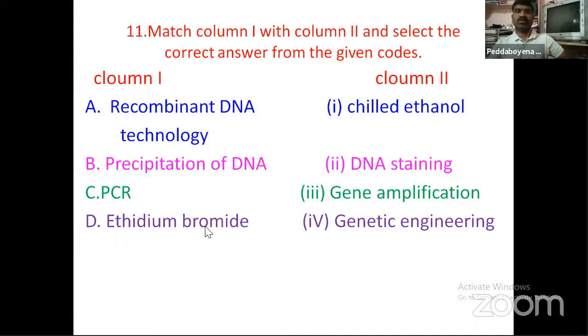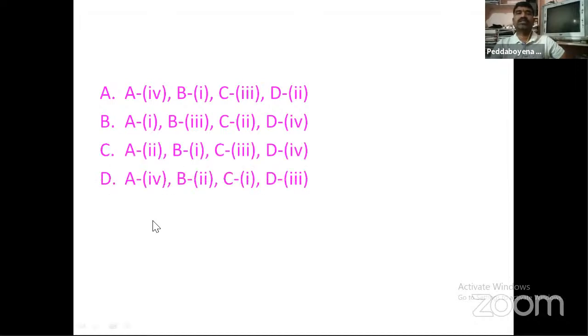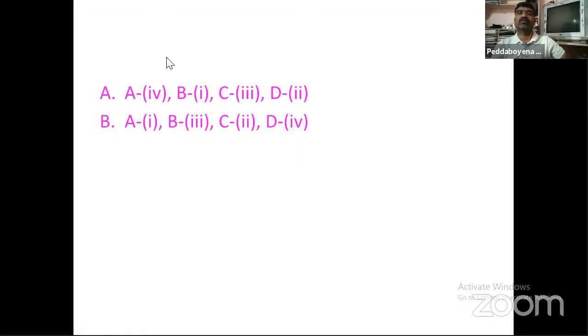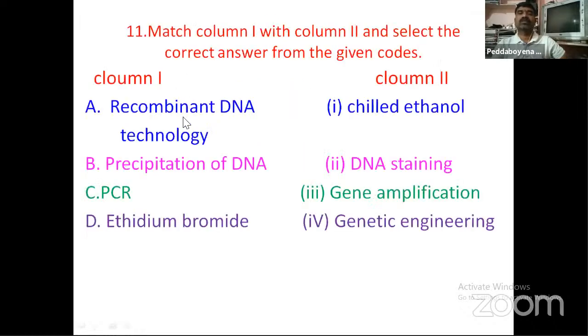Next, ethidium bromide for DNA staining, gene amplification, and genetic engineering. So the answer is A. A4 means recombinant DNA technology is genetic engineering.